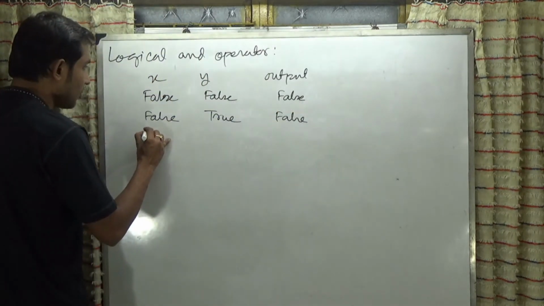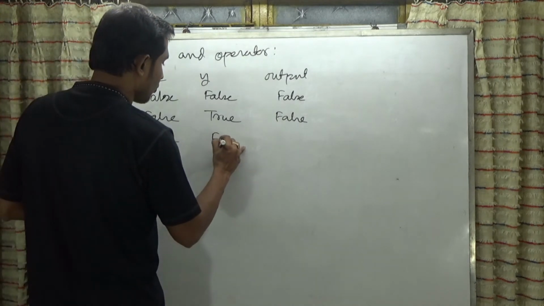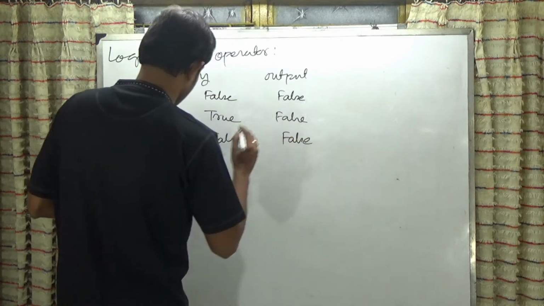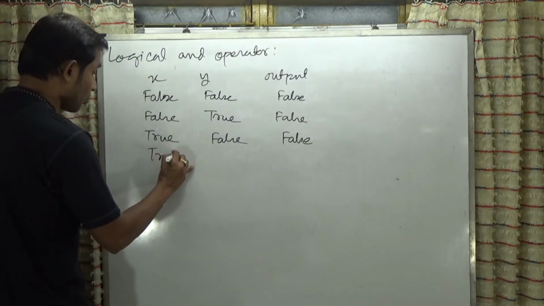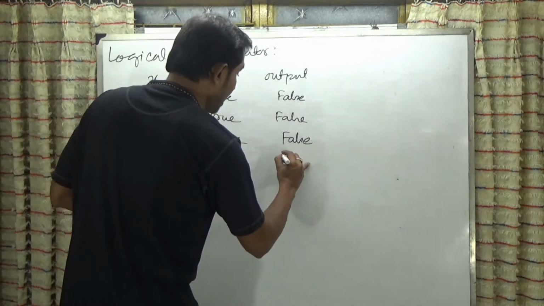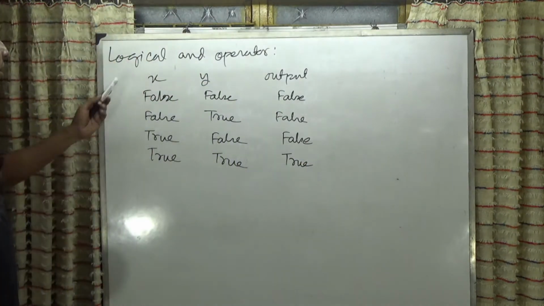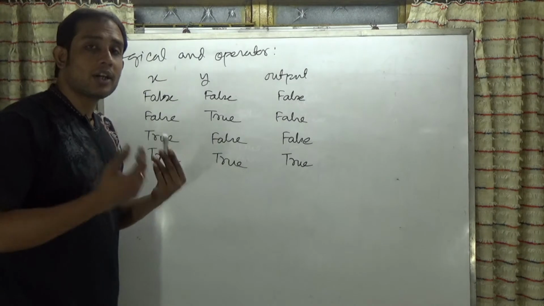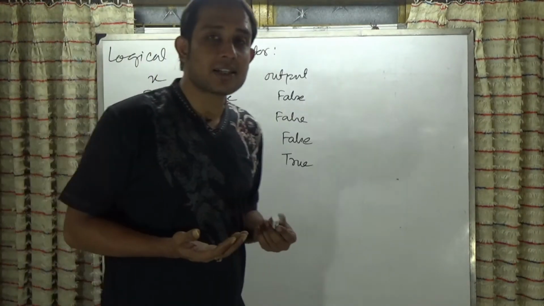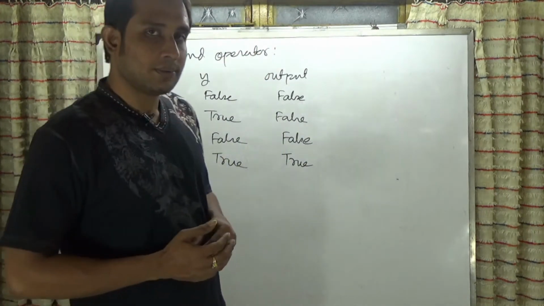If x is true and y is false, the output is still false. But if x is true and y is also true, then the output becomes true. So the logical AND operator only generates true when both side relational expressions are true.